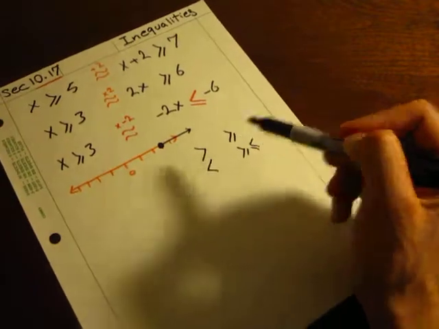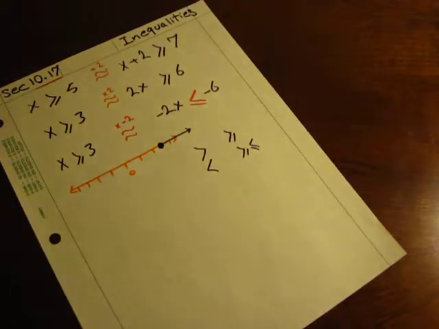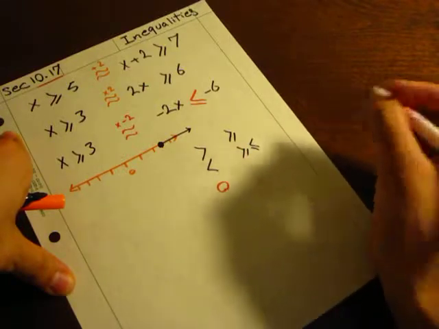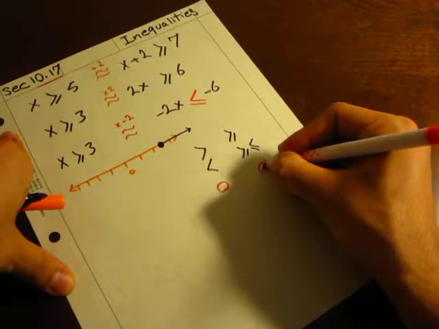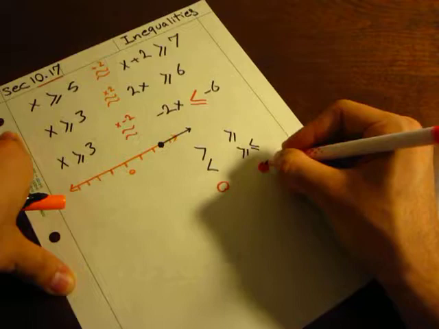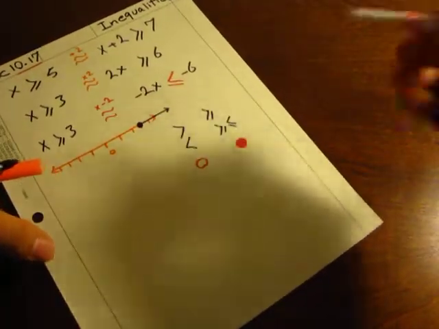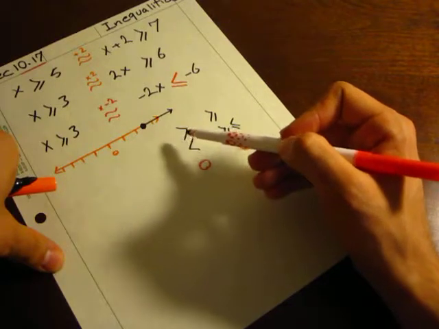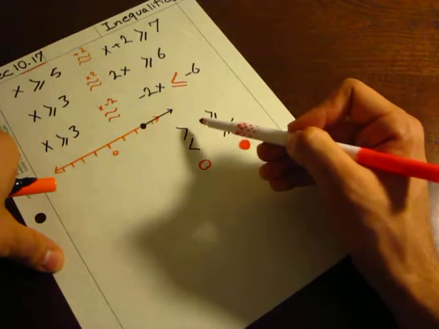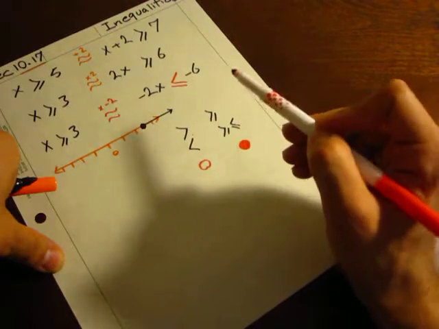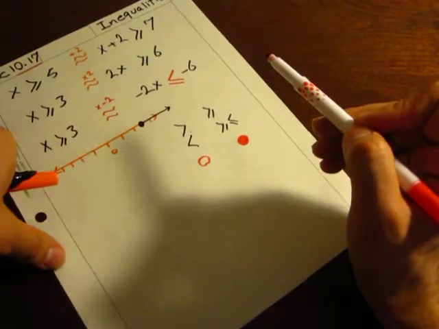So in this case we use an empty circle, but in this one we fill up that circle. So that shows that that number is in my domain or in my range. As you see here, if I write x greater than 3, 3 is not part of my answer. Anything greater than 3 is part of my answer.